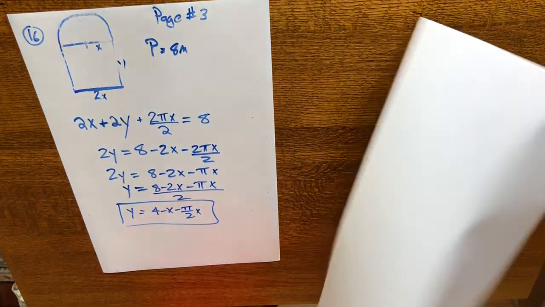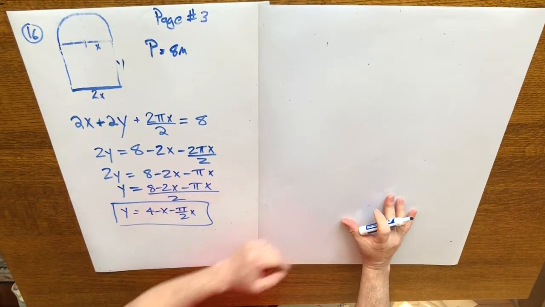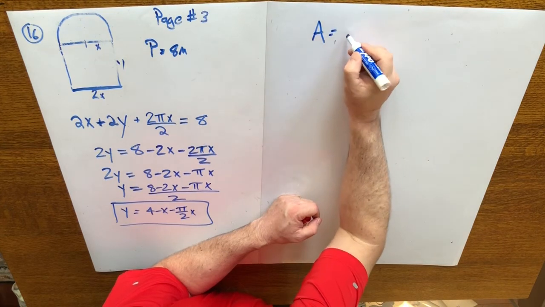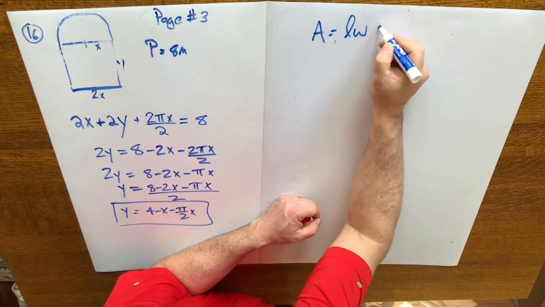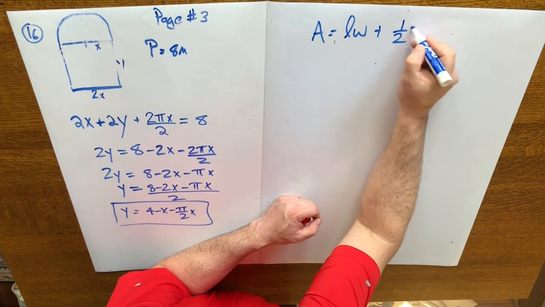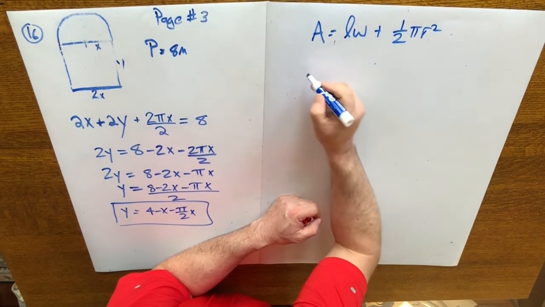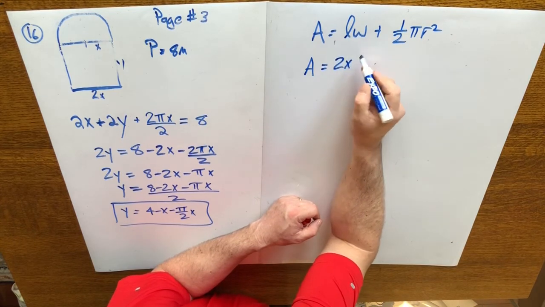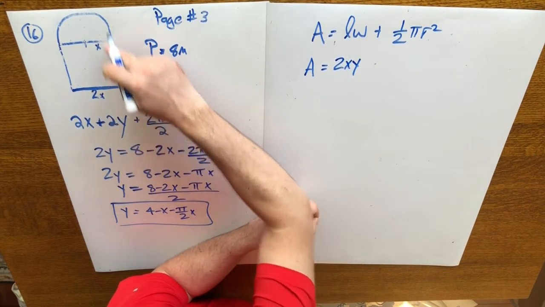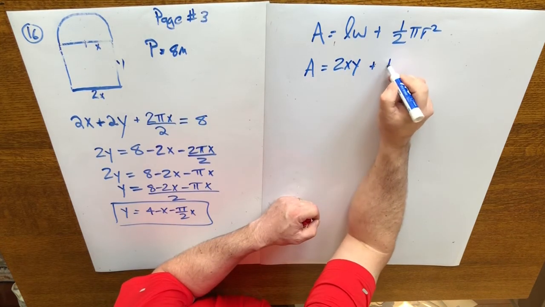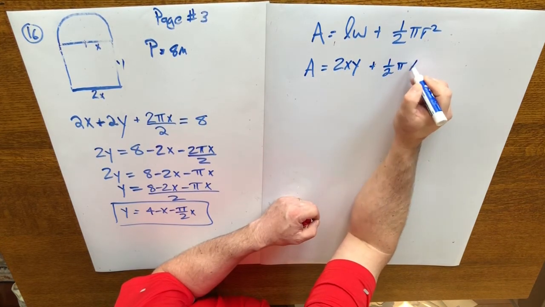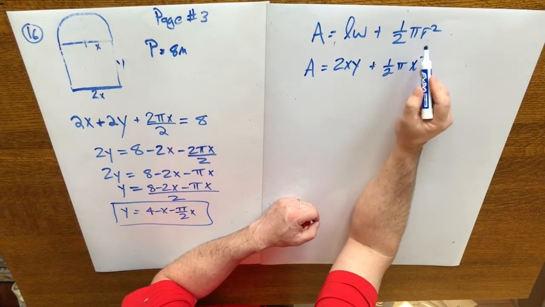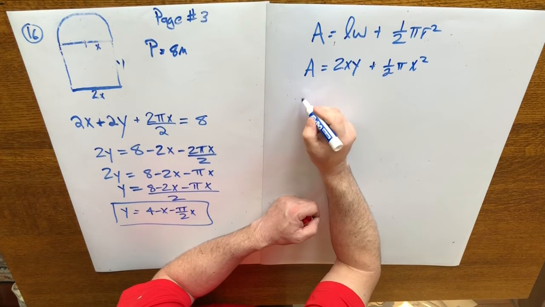Now what we need to do is find the area of the window, and the formula for area is going to be length times width of the rectangle plus 1/2 pi r squared for the circle. Well, 2x times y are the dimensions of the rectangle, plus 1/2 pi x squared is the area of the semicircle.